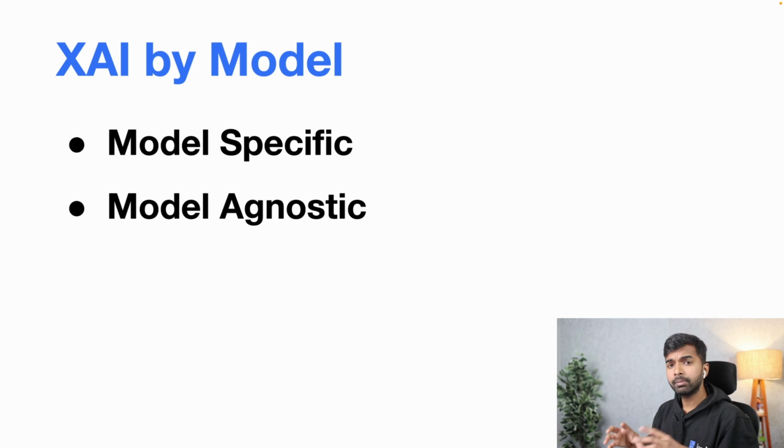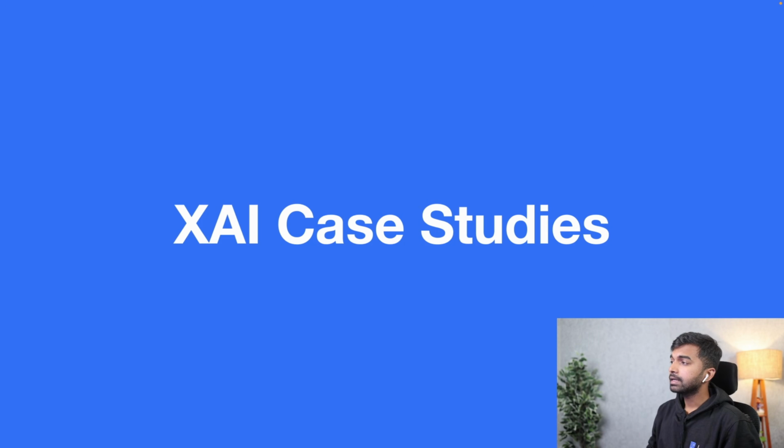Even if they may treat the model as a black box, they may give you a better result, let's say when you're working with deep learning models or random forests. Okay, so that's another way to look at the divisions within XAI. So I hope with that you have gotten some understanding of the types of explainable AI and the different ways in which you can separate them out. So let us look at some case studies of explainable AI right now.